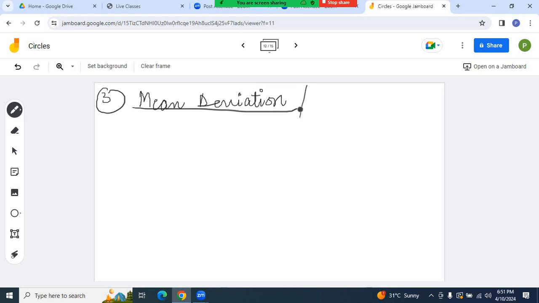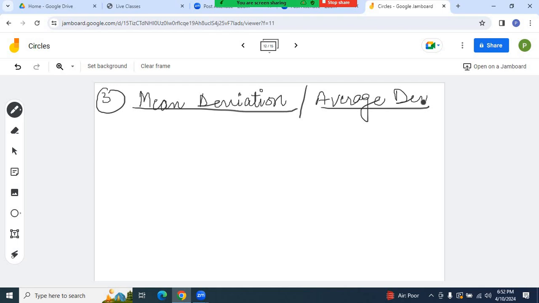It is also called average deviation. So we have three series, different series: mean deviation for individual series, for discrete series, and for continuous series. When we take mean deviation, we take the absolute values.